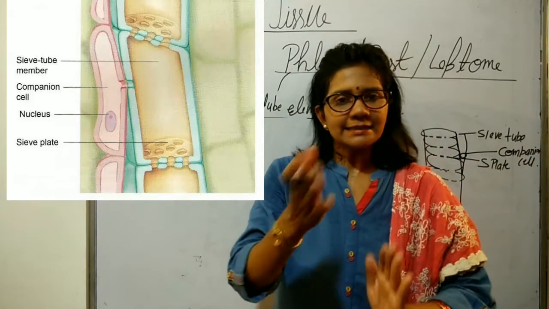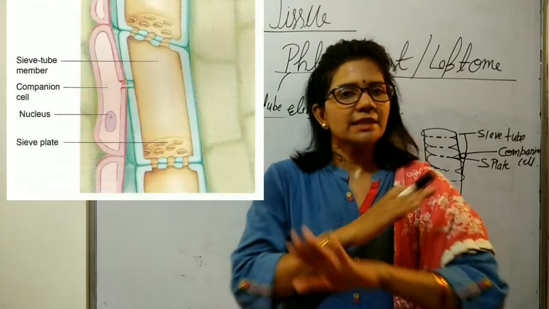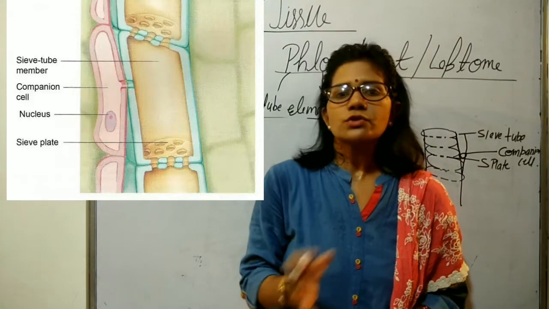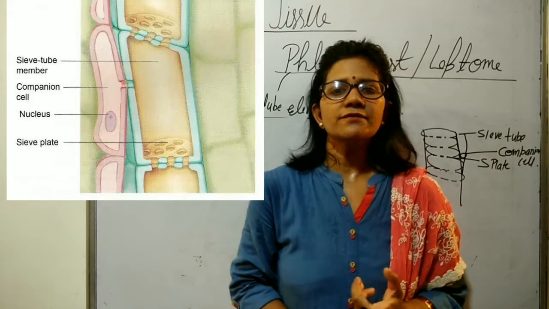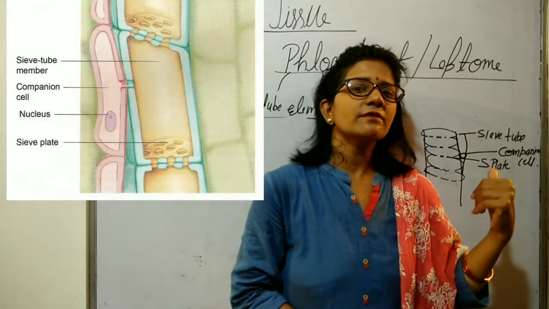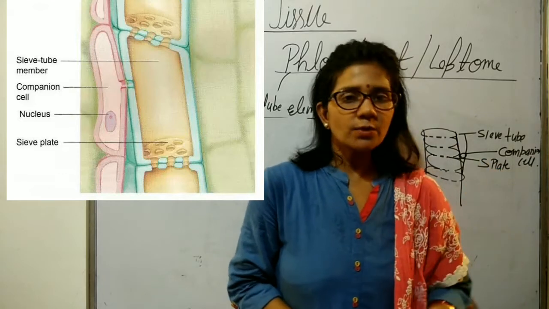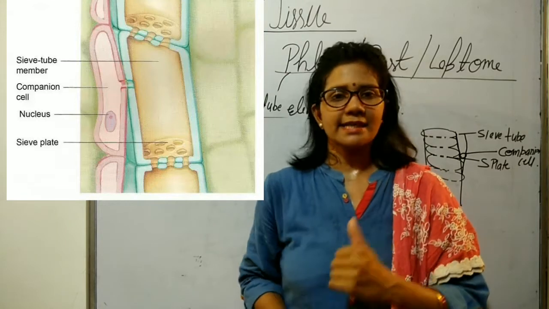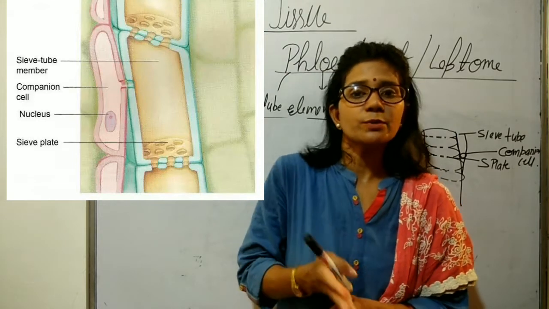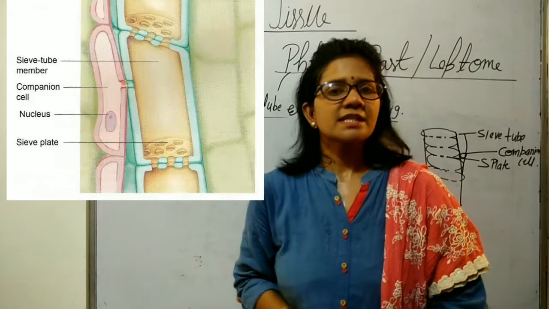So what I am telling is that in the mature sieve tube cell there is absence of nucleus. So how will their function be controlled? The function of sieve tube cells is controlled with the help of the nucleus present in the companion cell. Because of this, we call the second component a companion, meaning it provides very good company to the sieve tube element.